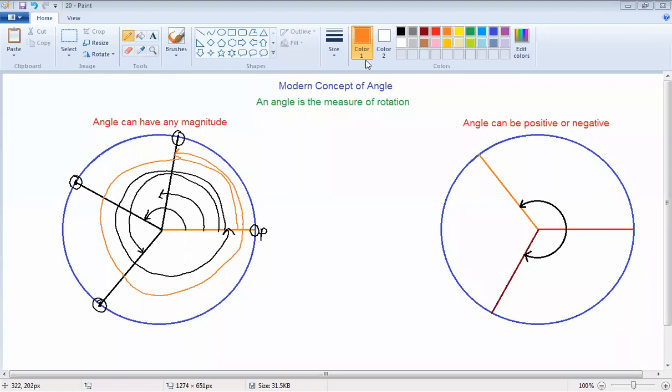Suppose this much angle, I take by different colors, this green color. This much angle is suppose 80 degree in the first rotation. But if the wheel completes one rotation, that means 360 degree. Then after 360 degree, it rotates 80 degree more. The angle will be 360 degree plus 80 degree equal to 440 degree. Understand?